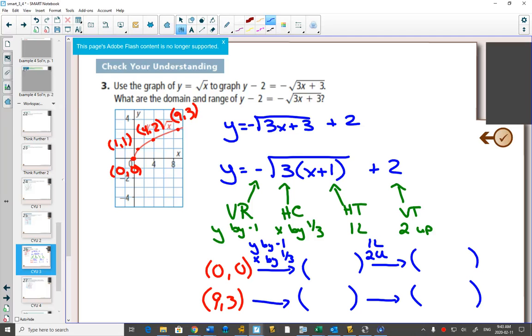So what's going to happen to 0, 0? It's going to stay 0, 0. But 9, 3 will now be 3, negative 3. 1 to the left, negative 1 and 2. 2 up, plus 2, minus 1.